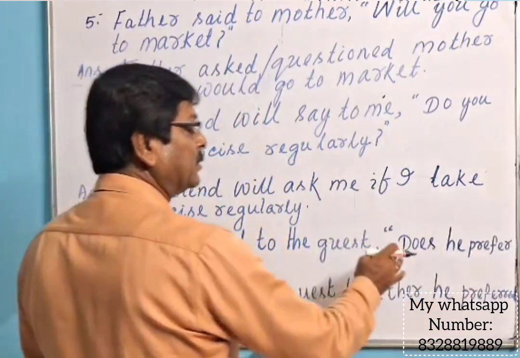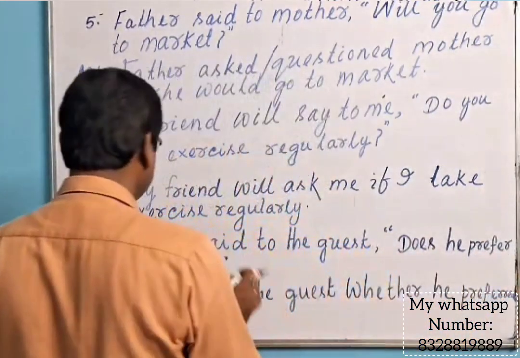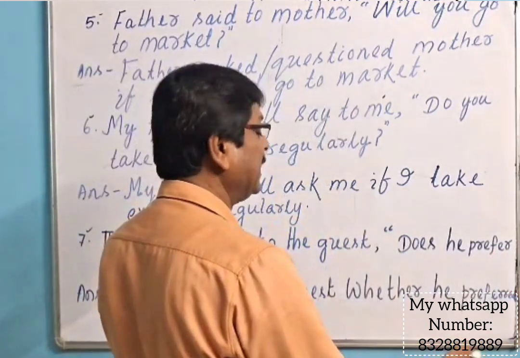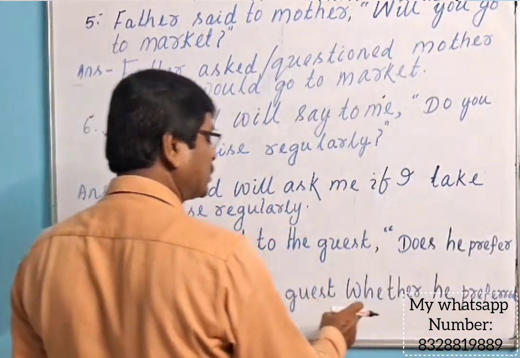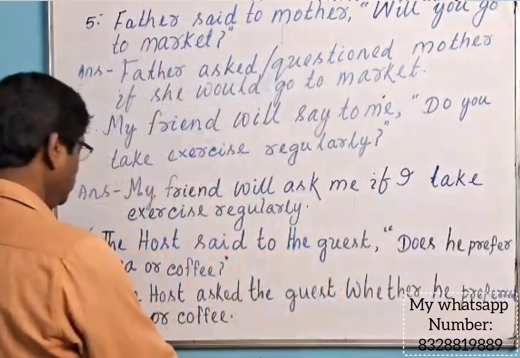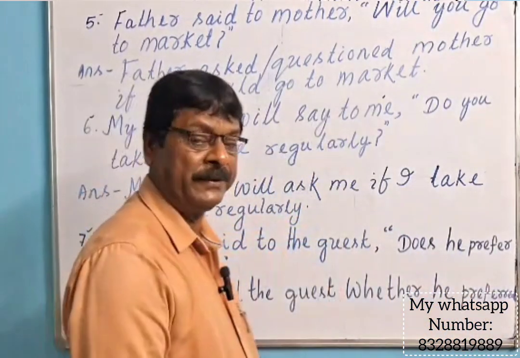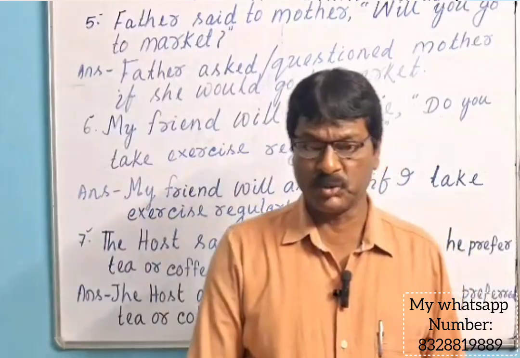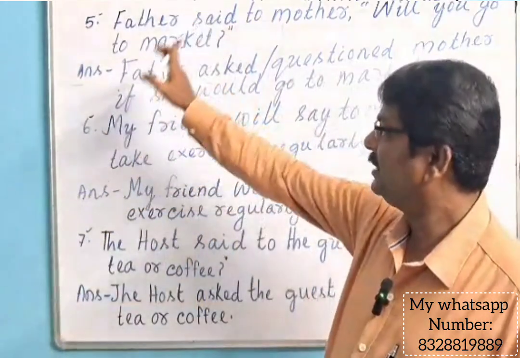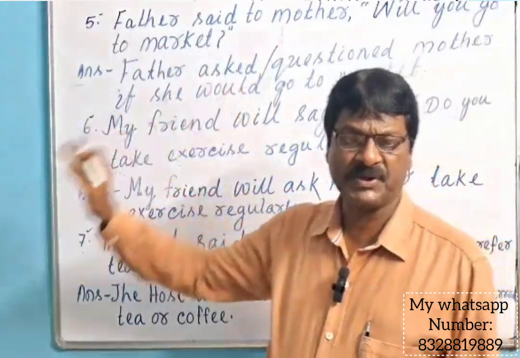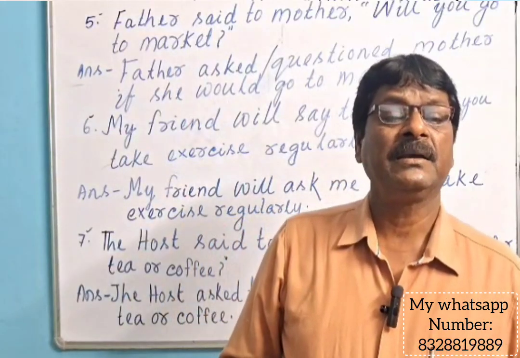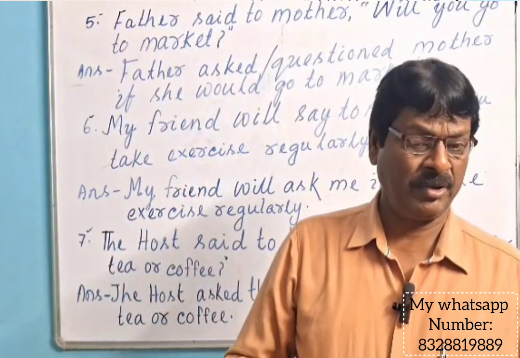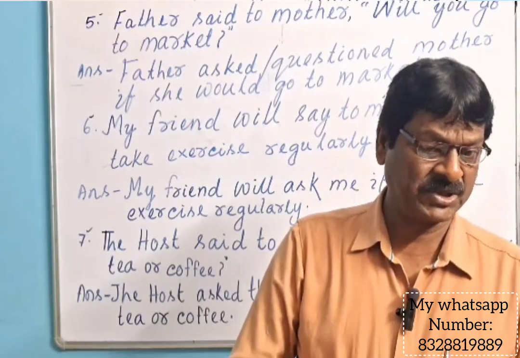Only the interrogative sentence will be converted to an affirmative sentence and the tense will be changed. So the host asks the guest whether he preferred tea or coffee, right? I think you must have understood how to convert from direct speech to indirect speech when the sentence within inverted commas is a yes-no question or yes-no interrogative sentence.